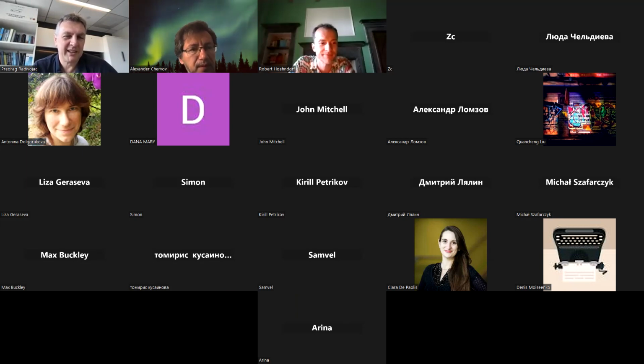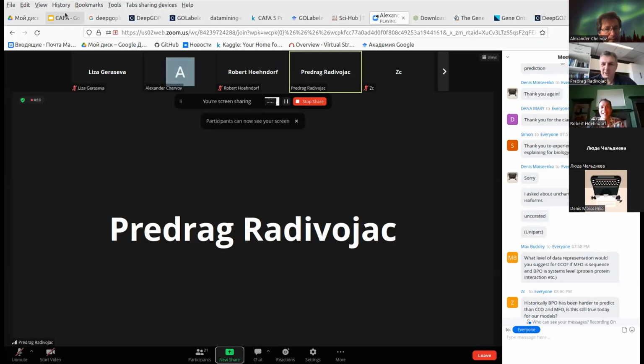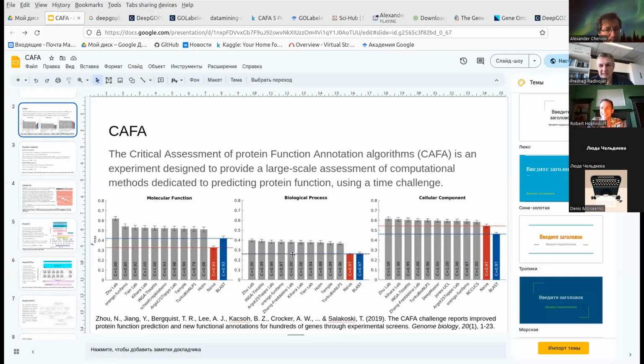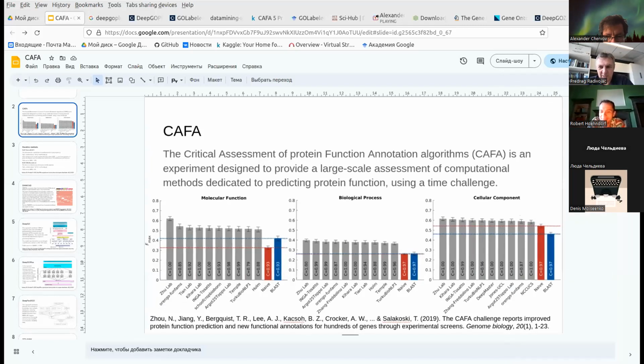And that's why I think it's much harder to predict than biological process. And yeah, this one. See how the cellular component, if you look at the red line all the way to the right, that would be cellular component. So we are barely over that 0.55 or somewhere there, right?